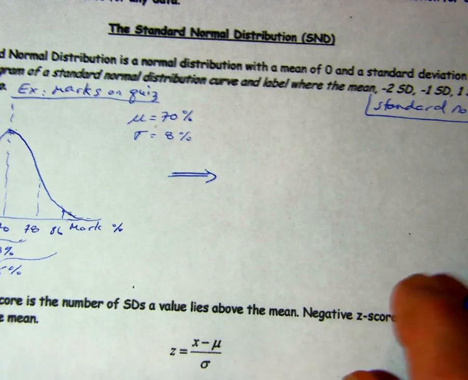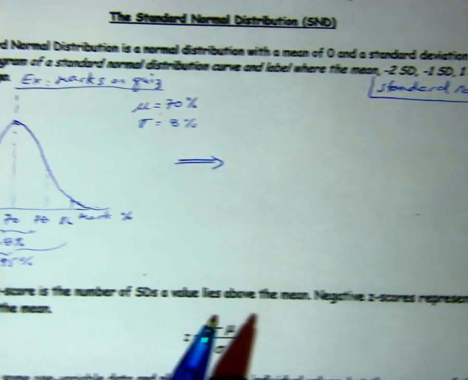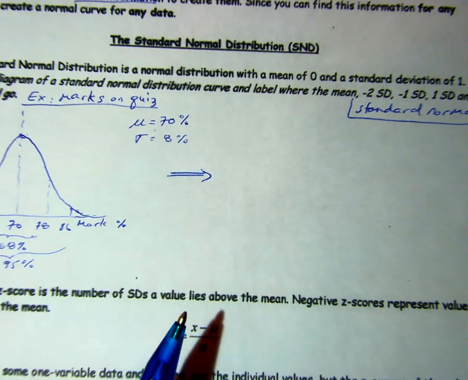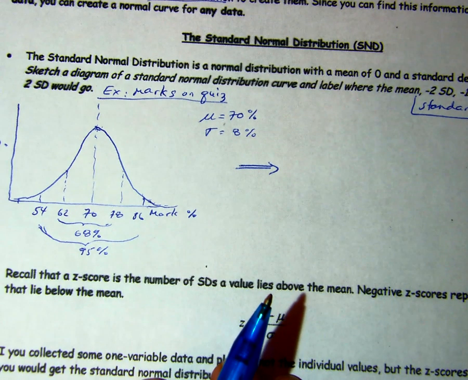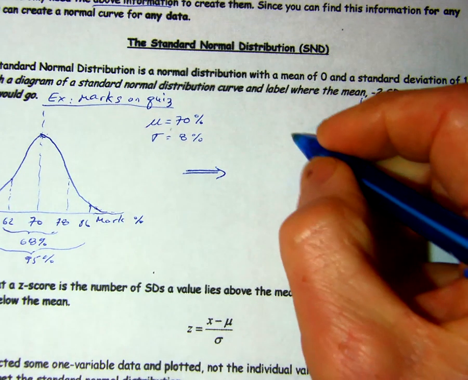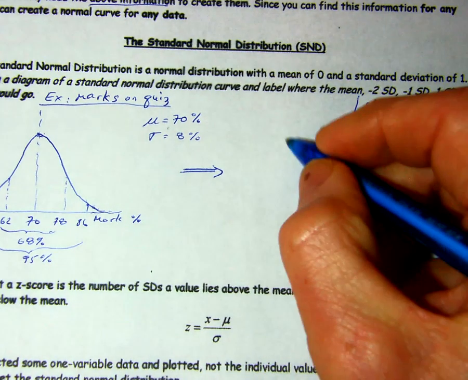What does that mean? Well, instead of showing values, the actual marks, we're going to show something called z-scores. I haven't explained what a z-score is yet, but just bear with me.